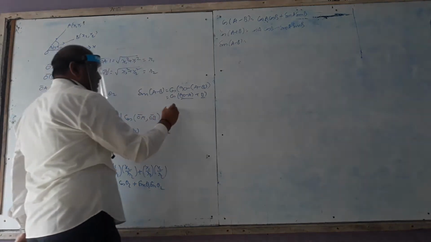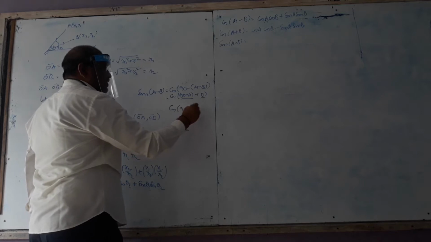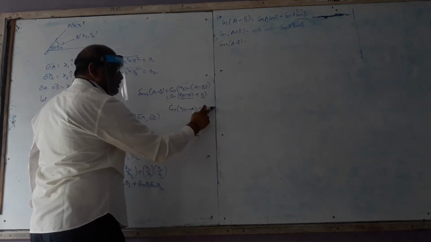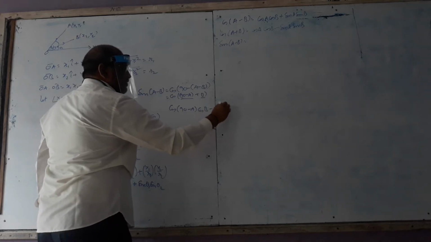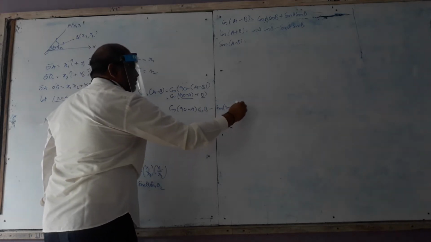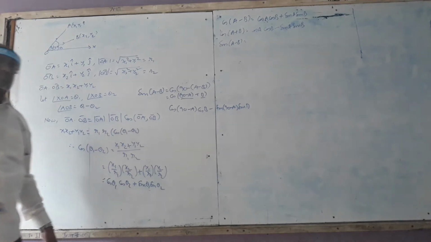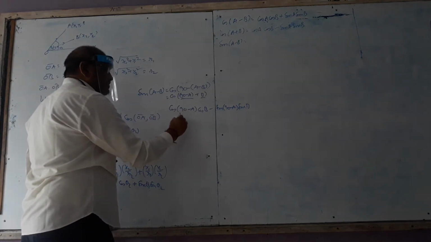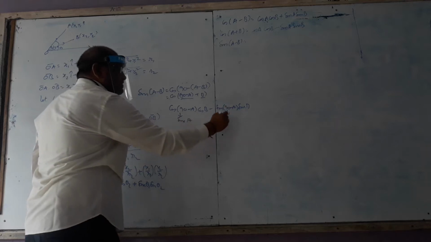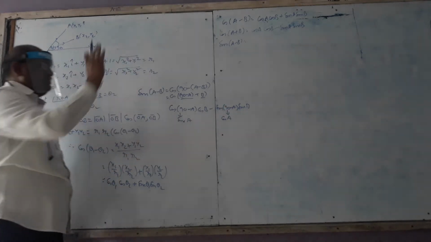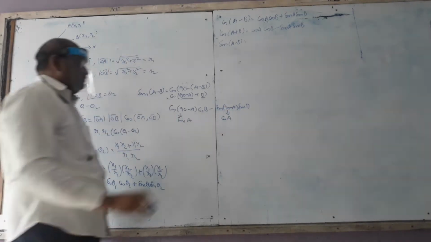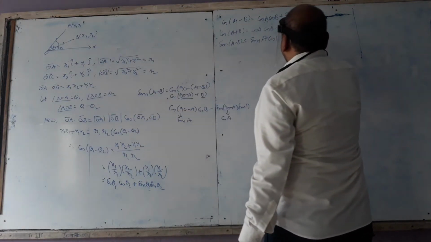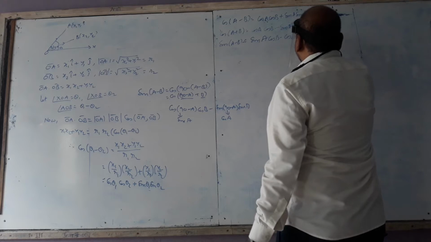So this is cos of 90 minus A cos B plus sin of 90 minus A sin B. And what is cos of 90 minus A? Sin A. And sin of 90 minus A? Cos A. Right. So sin A cos B minus cos A sin B.